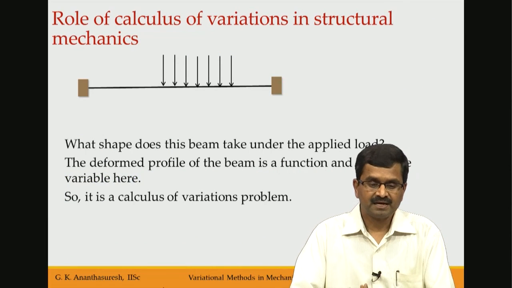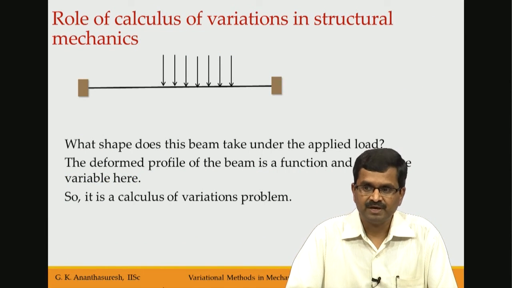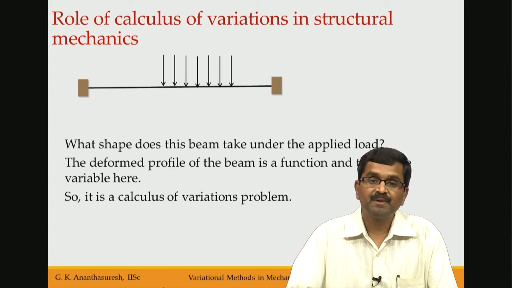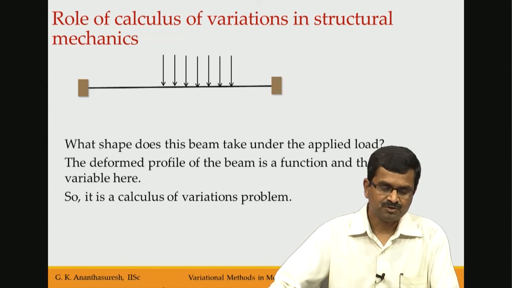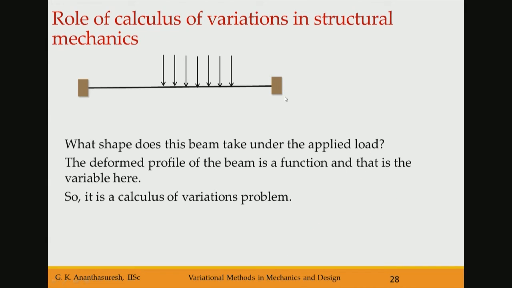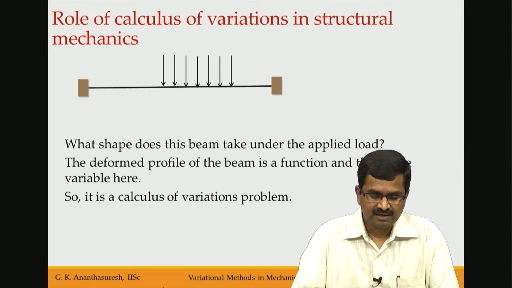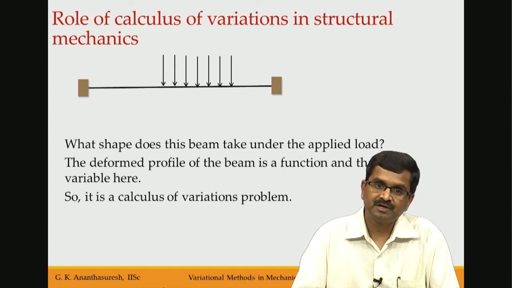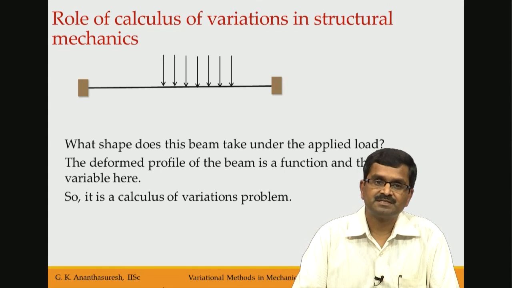Let us look at these variational methods in mechanics first. If you have a beam like this which is fixed on this side as well as on this side, there is some loading on it. It is going to deform and take a deformed shape. The beam has the freedom to deform to any shape, but it does deform to a particular shape because that particular shape minimizes the potential energy.